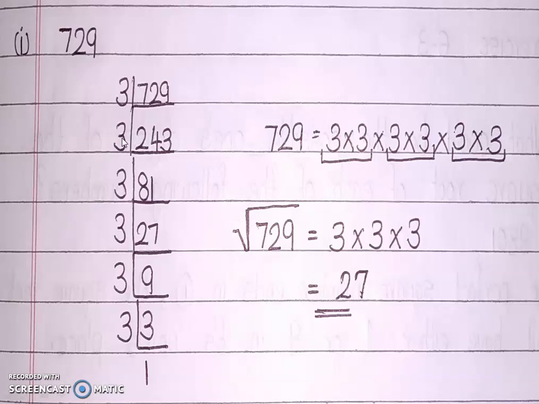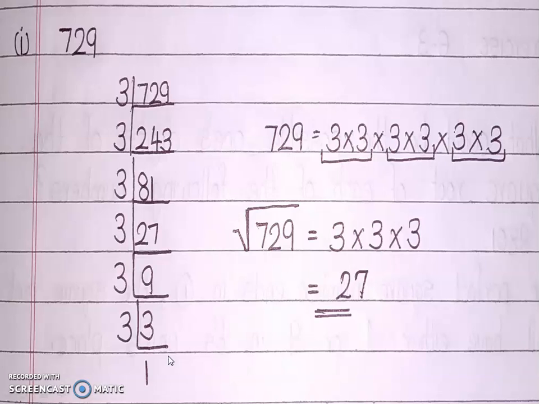243 divided by 3 gives you 81. 81 again divided by 3 gives you 27. 27 divided by 3 gives you 9. 9 divided by 3 equal to 3. 3 divided by 3 equal to 1.